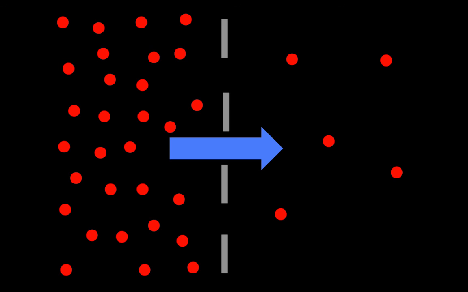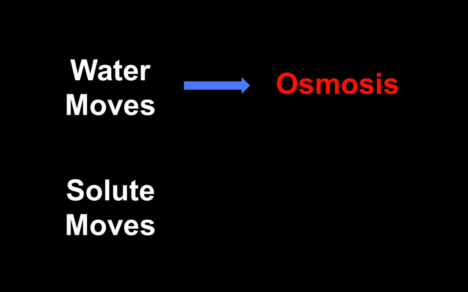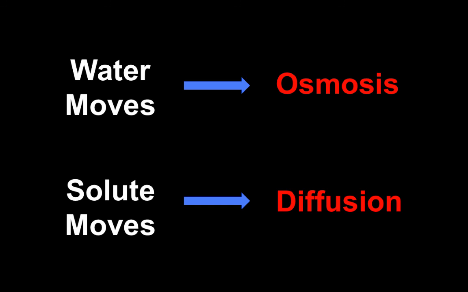Molecules are going to move across the membrane in this direction, and they're going to spread out until they're equal concentrations on both sides. Main thing to remember, if the water's moving, that's osmosis. If the solute's moving, that's diffusion. And that is the process of passive transport, transport of materials, and homeostasis.